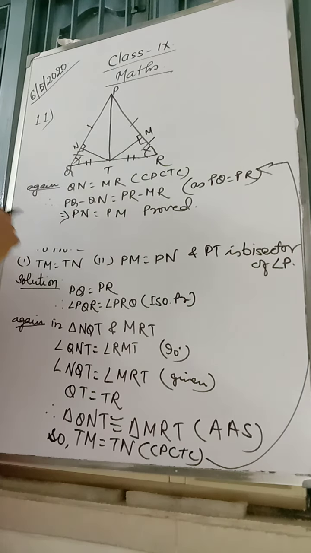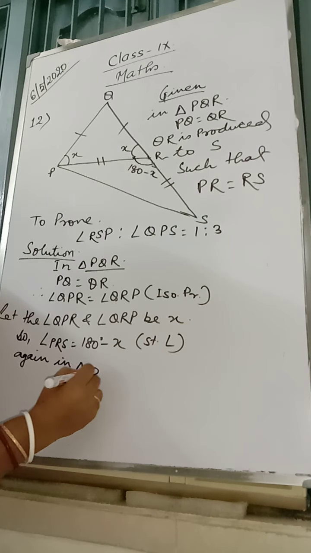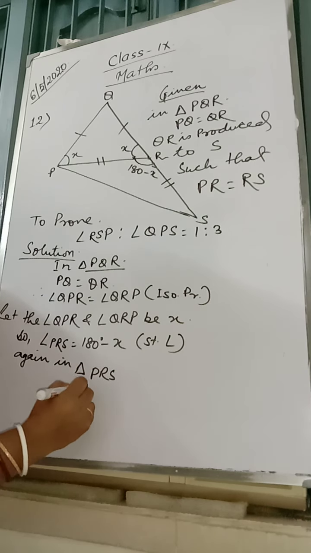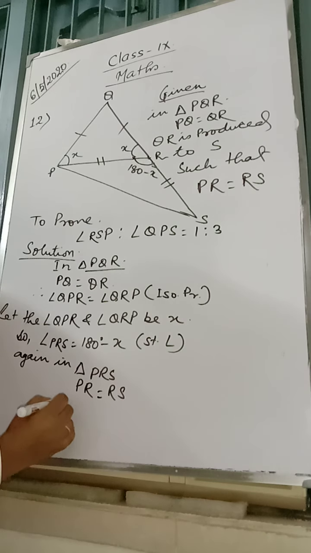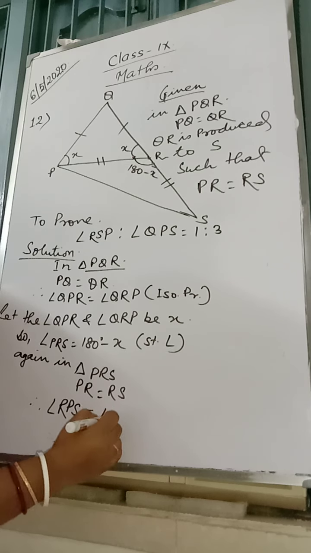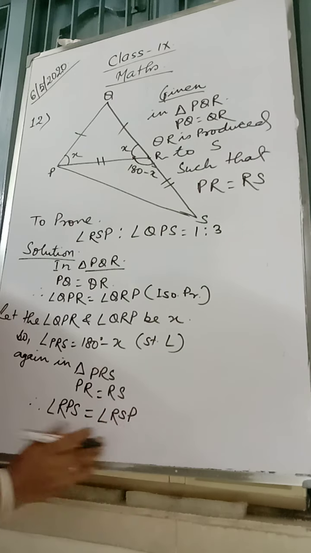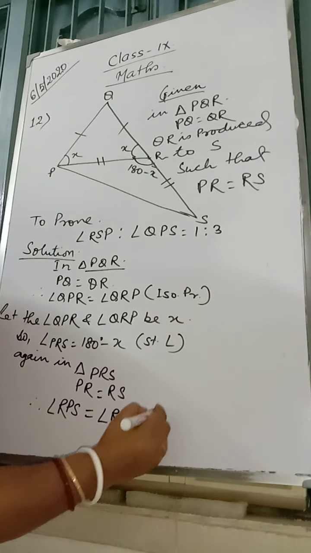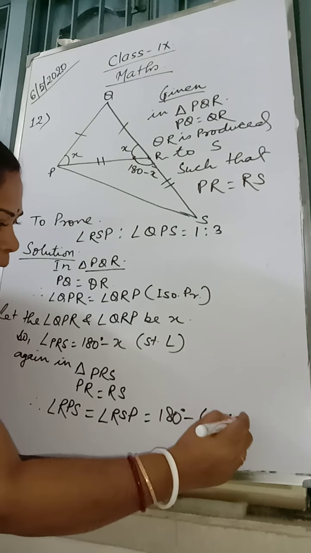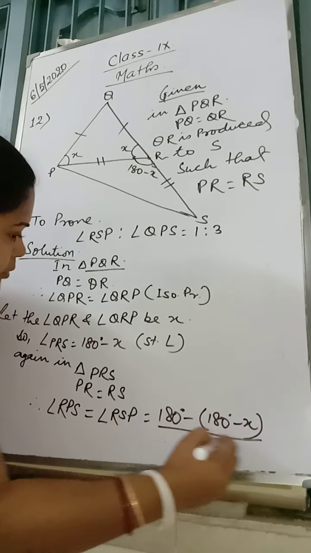Again, in triangle PRS, PR is equal to RS. So angle RPS will be equal to angle RSP, which is equal to 180 minus (180 minus x), divided by 2.